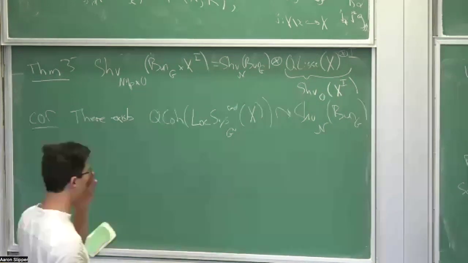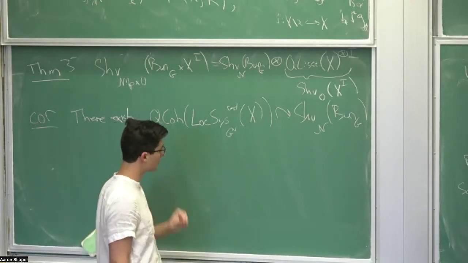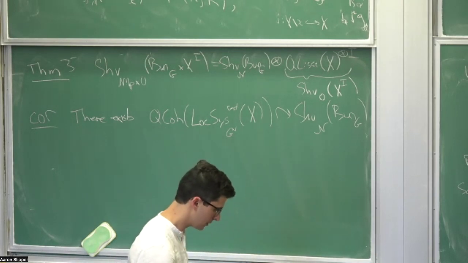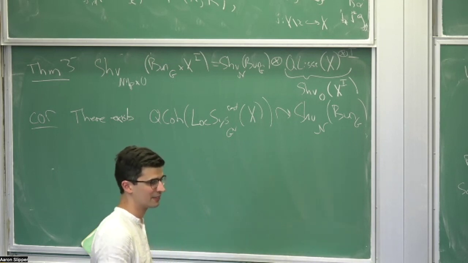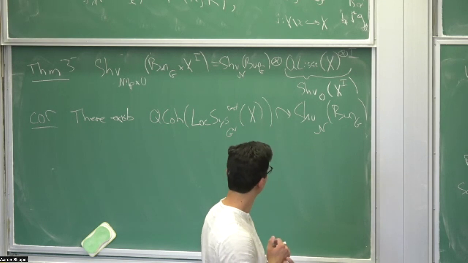But it takes a lot more work to prove this. Well, quasi-lisse is like ind-lisse. Yeah, but this is fine. It is, yes. And zero singular support, it's just a generic condition.